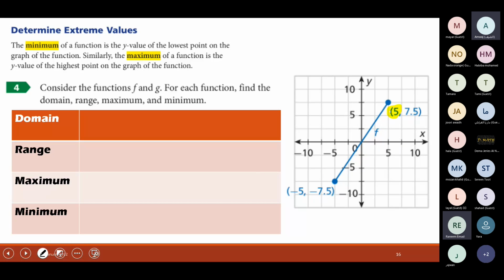I said 5 and 7.5, not negative. Here is x. So 5 and negative 5. So it's like x, y, the first value of x, and the second one for y. So 5 and negative 5. These are the values of x. Now, how do you write the domain?